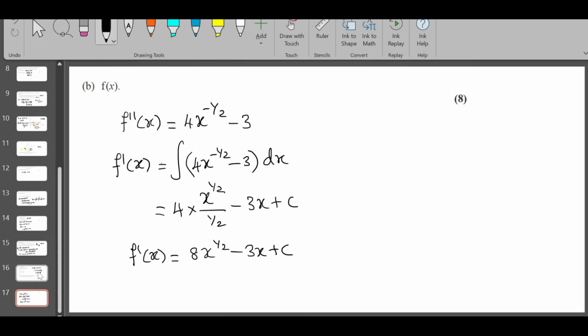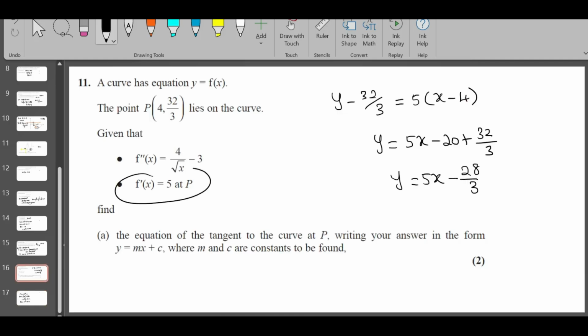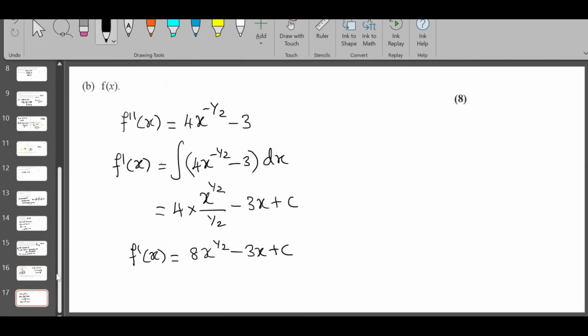That's when we need to use this condition. f dash of x is equal to 5 at p. At p means the x coordinate of p is 4, f dash of x is 5. So replace f dash of x by 5, x by 4. 5 is 8 times 2 minus 3 times 4 plus c.